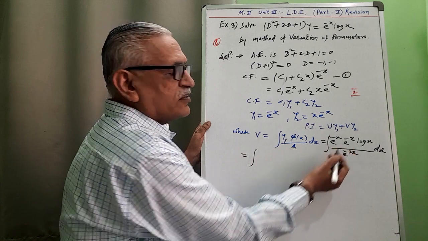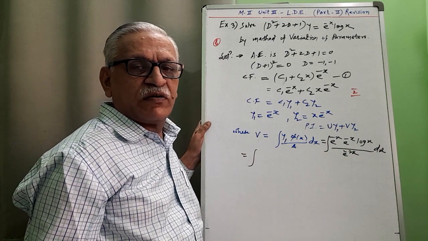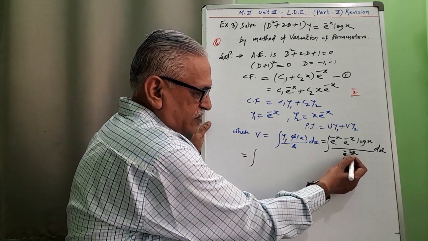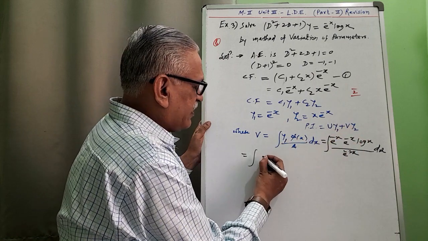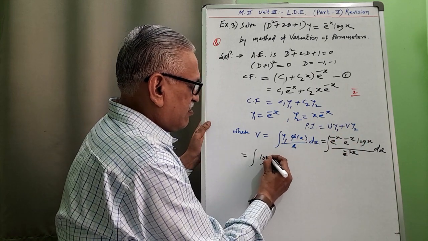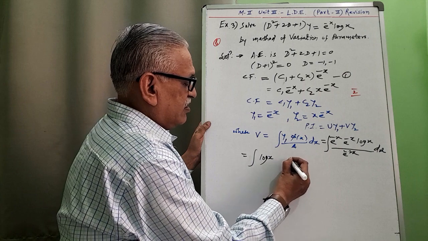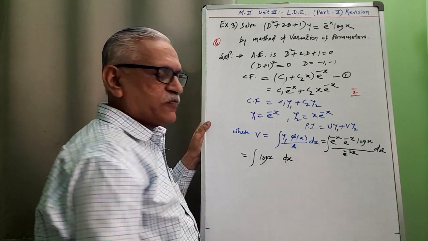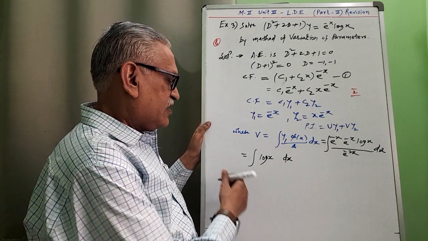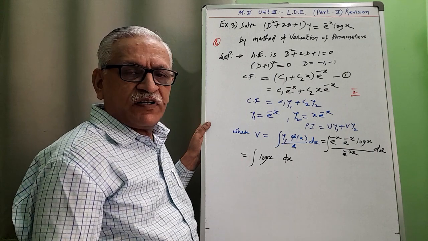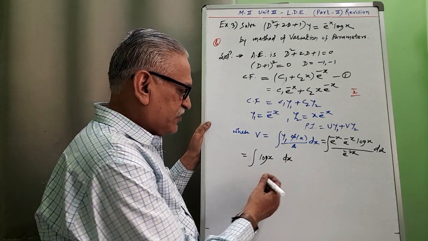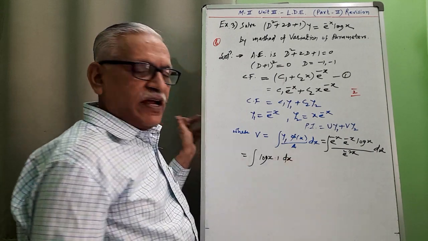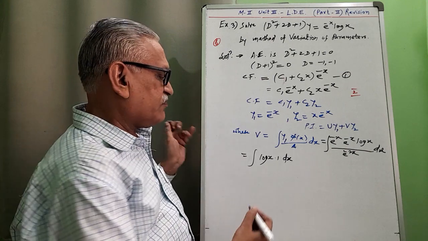e raised to minus x into e raised to minus x becomes e raised to minus 2x, which cancels with this e raised to minus 2x. Therefore the remaining term is log x, and its integration with respect to x. Therefore, to perform integration of this, we multiply it by 1 and then integrate it by parts.